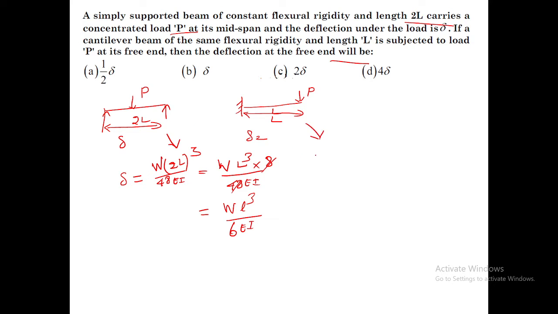Here for the cantilever beam, delta 2 equals W L cube divided by 3 EI.